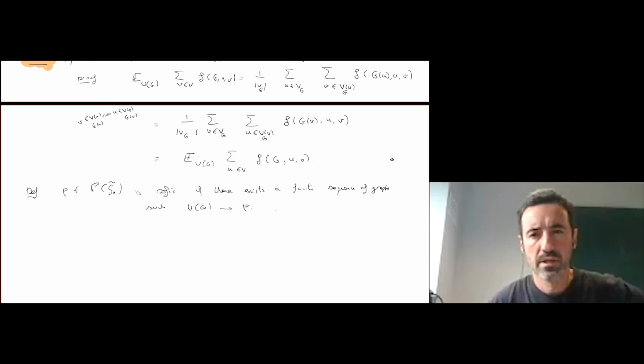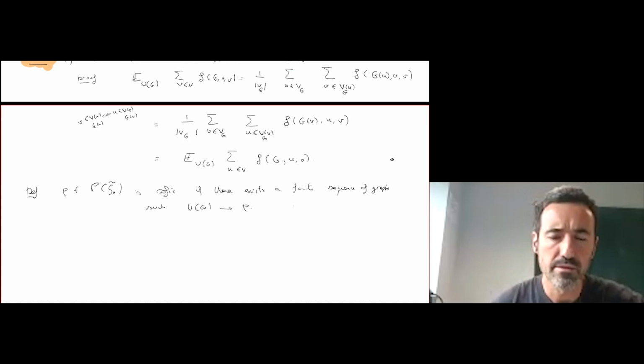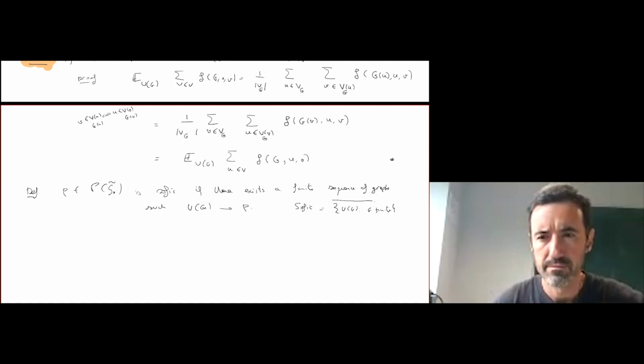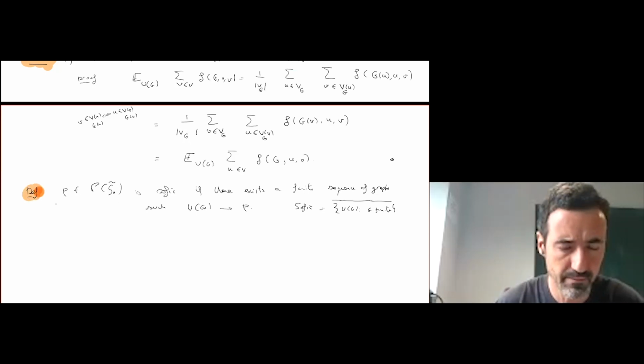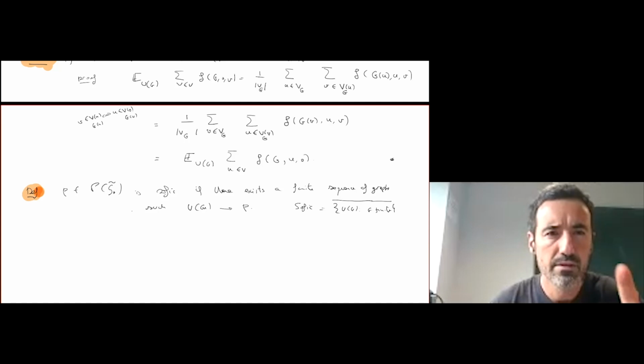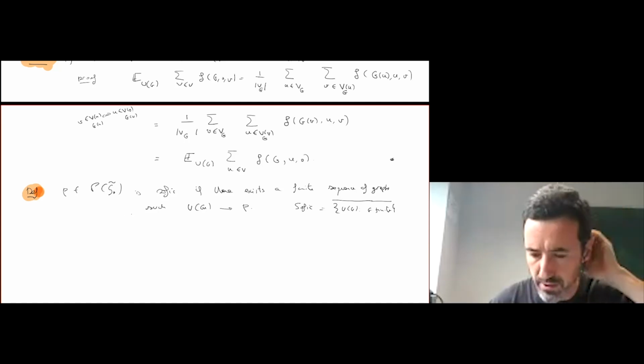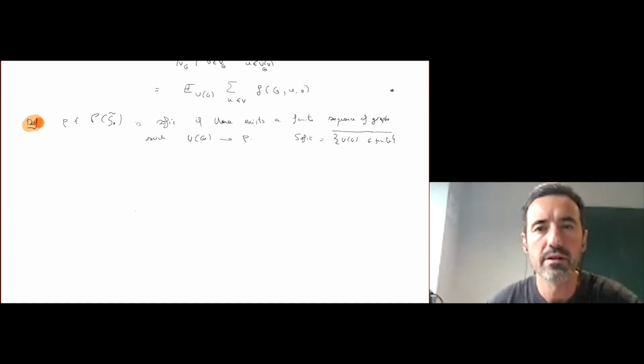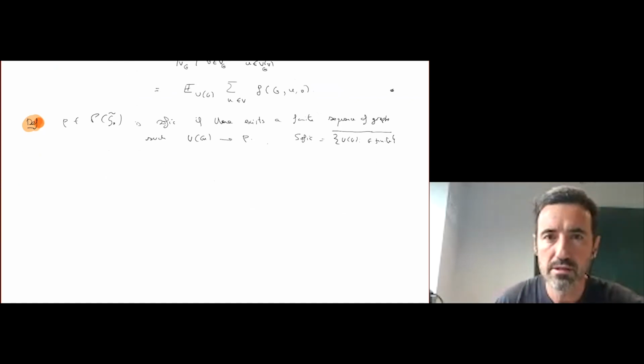In other words, sofic is the closure of the set of U of G, G finite. The terminology sofic comes from Gromov. If you want more background, I encourage you to look at the reference of Aldous and Lyons. So the closure of all U of G, G finite, is called sofic.